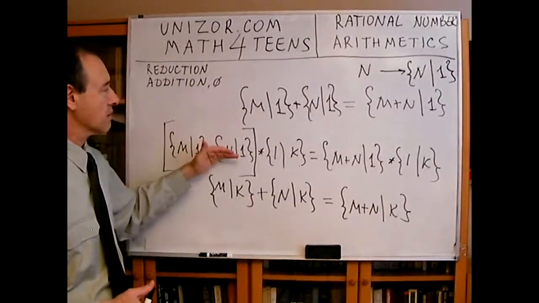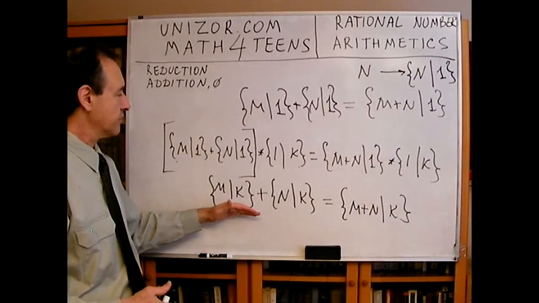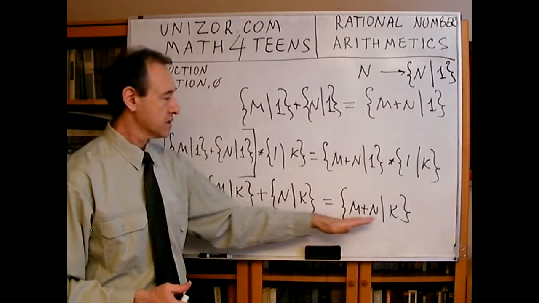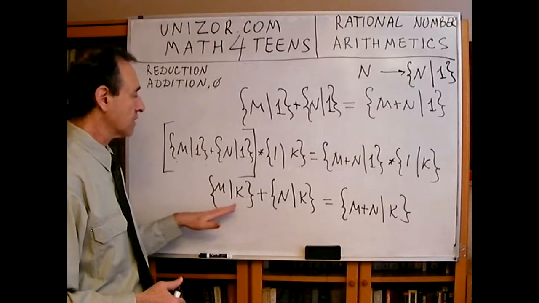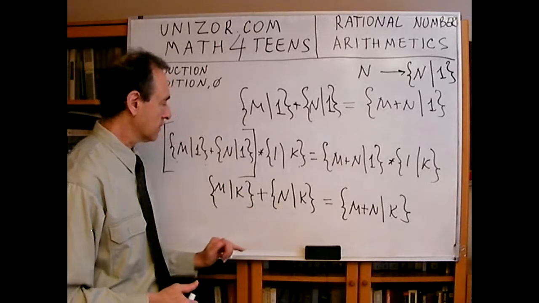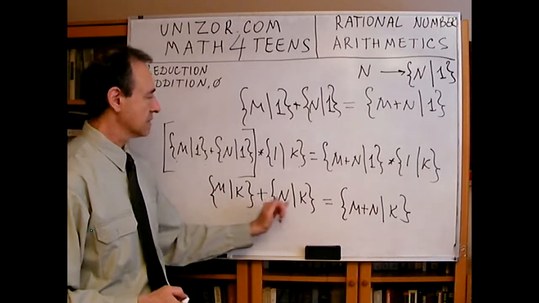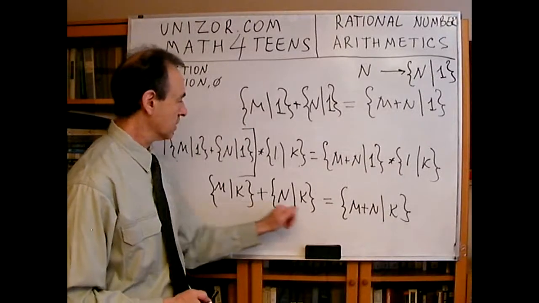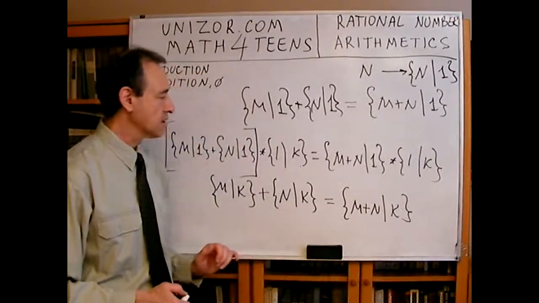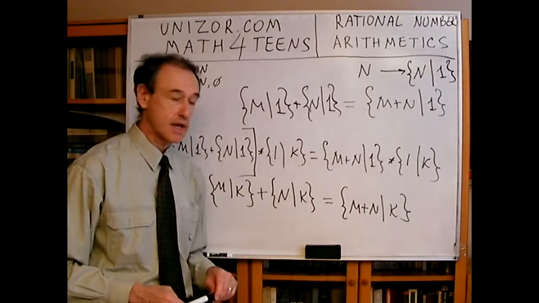But using the distributive law, we basically expanded this definition into the definition of addition of any two rational strings with the same right-hand denominator. You just add the left-hand sides together and you retain k, the denominator, the right-hand side.